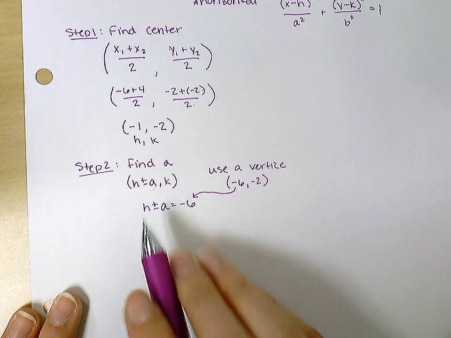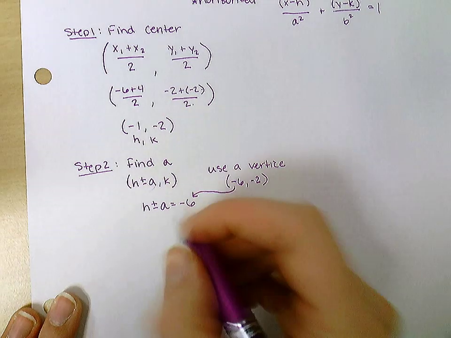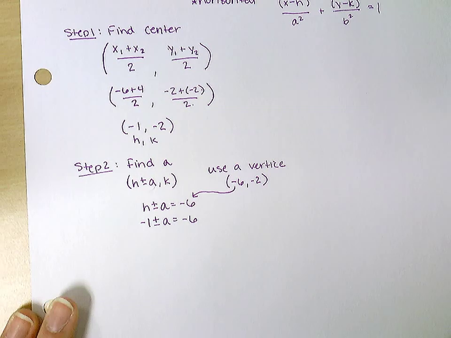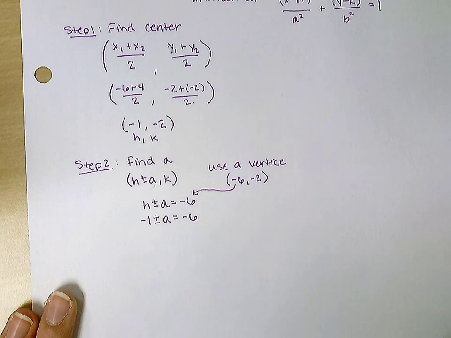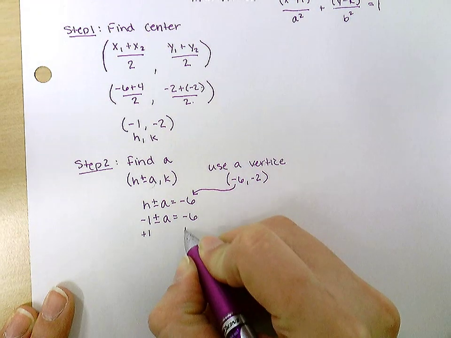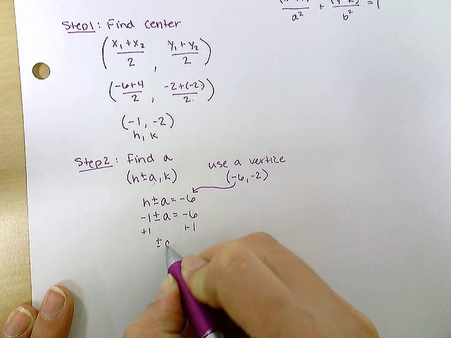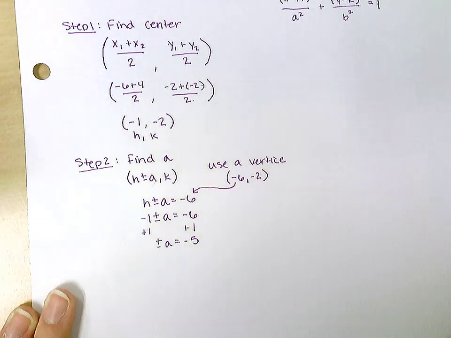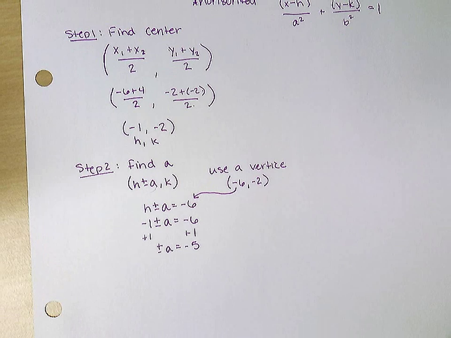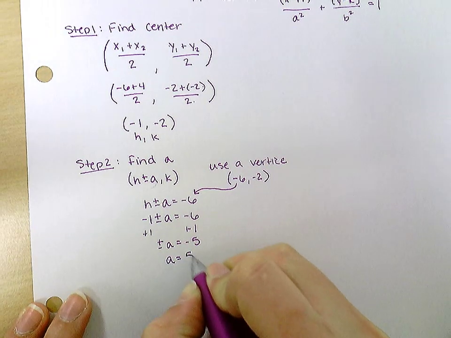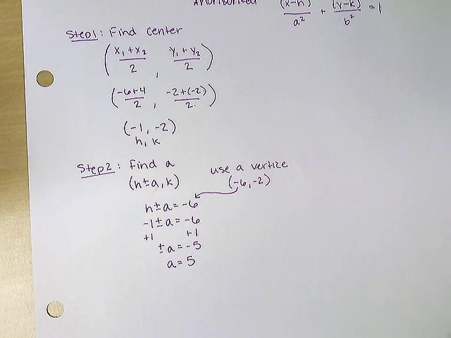Now we know what h is, it's -1. So we have -1 plus or minus a is equal to -6. So add 1, and I have plus or minus a is equal to -5. Now your a value is always going to be positive. So we're just going to end up with a is equal to 5.